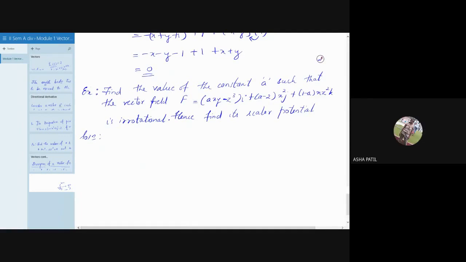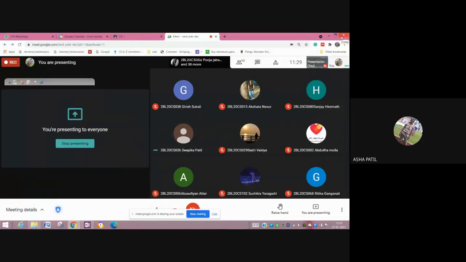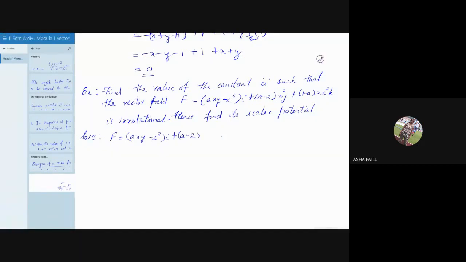So here F is given to us: (axy minus z cube) i, plus (a minus 2) x square j, then (1 minus a) x z square k.